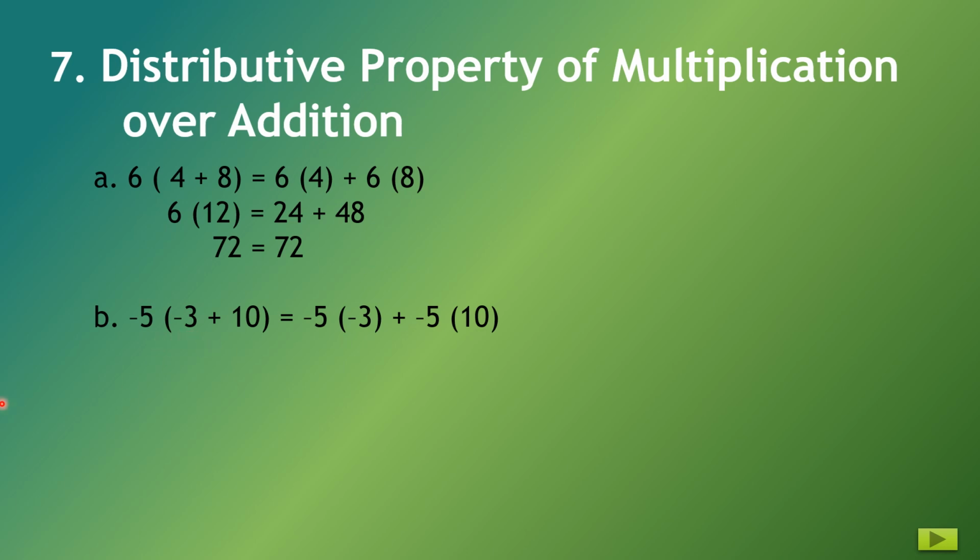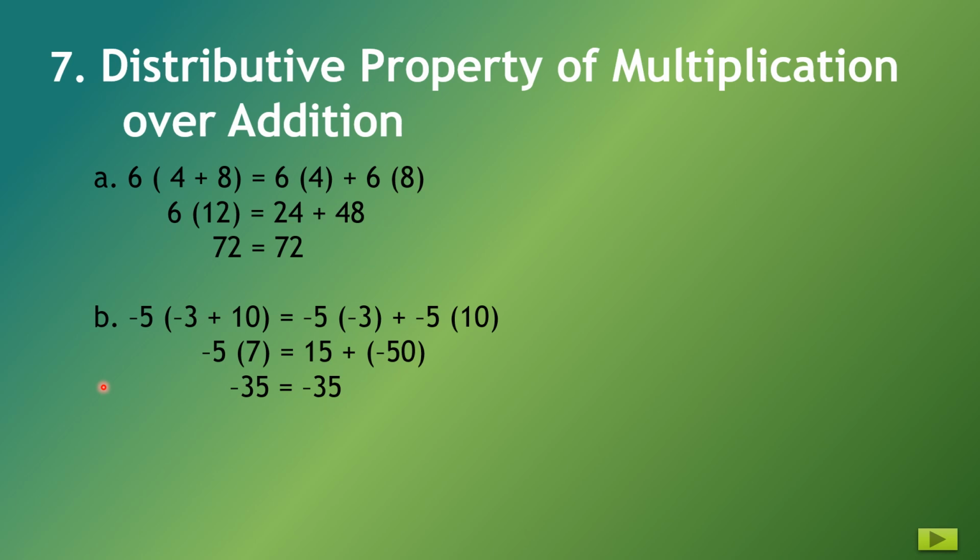So negative 3 plus 10, the answer is positive 7, or negative 5 times 7. Negative 5 times negative 3 is equal to positive 15. Bring down yung plus. And then negative 5 times 10 is equal to negative 50. Again, kailangan maging tulad yung negative 5 times 7 at yung 15 plus negative 50. So the answer, negative 35 is equal to negative 35.